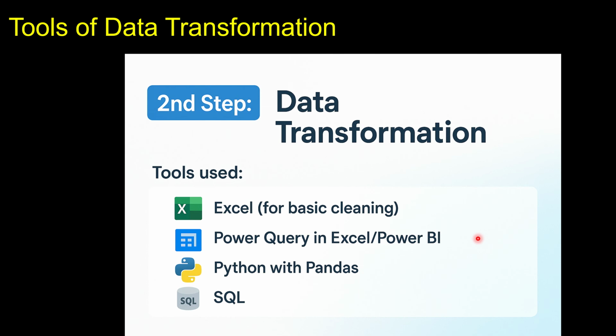Power Query, found in Excel or Power BI, great for organizing and cleaning data. Python with pandas, used for more advanced cleaning and handling large amounts of data. SQL, helpful for cleaning data directly inside a database. These tools make it easier to fix messy data so we can use it for analysis.